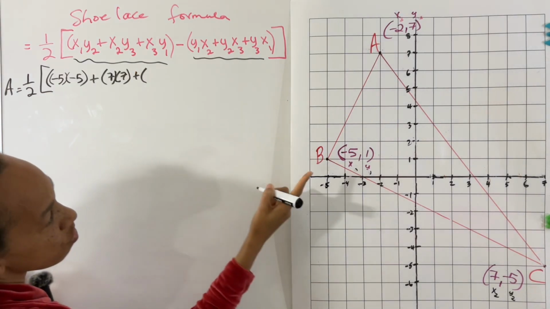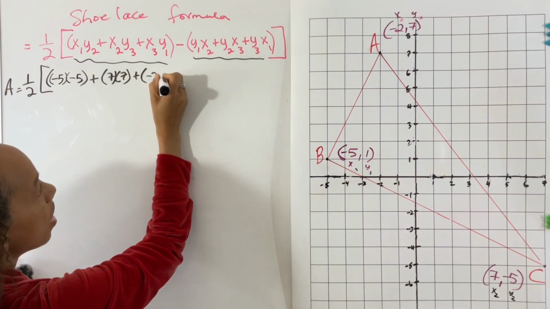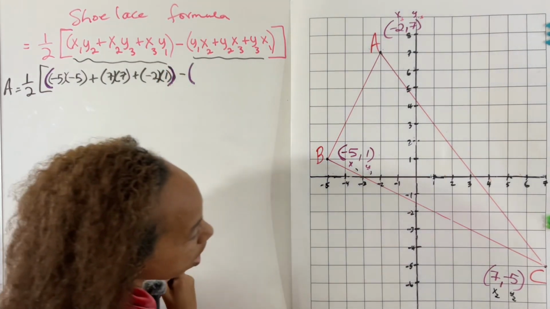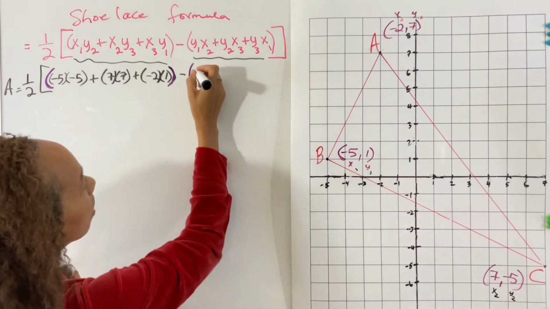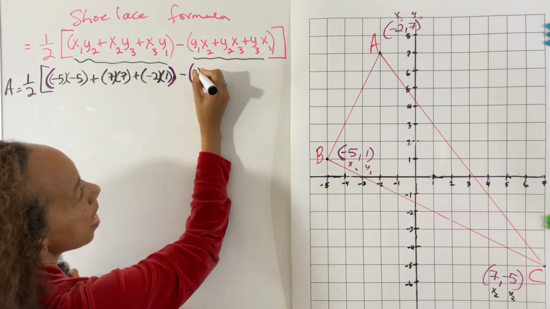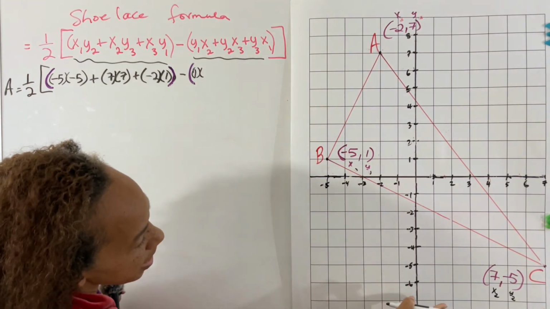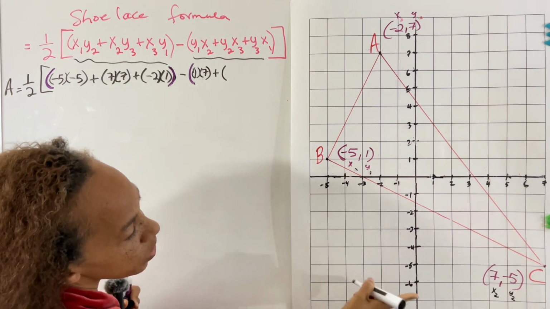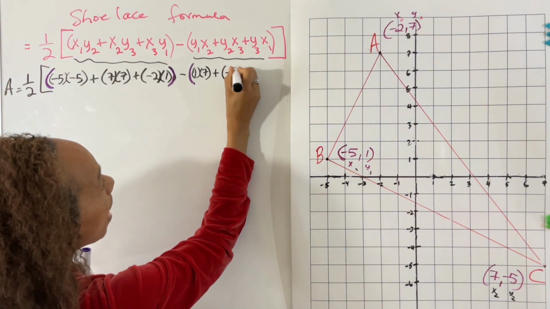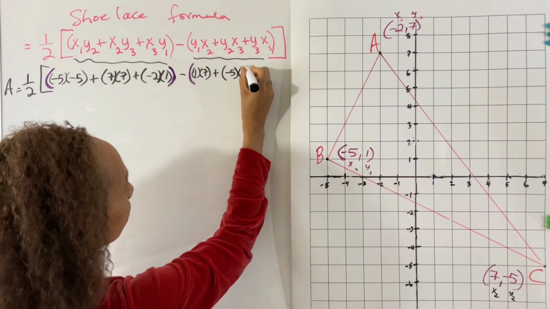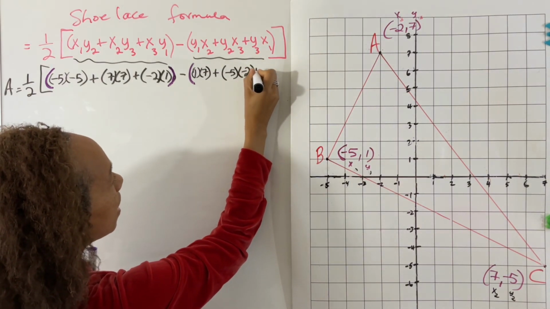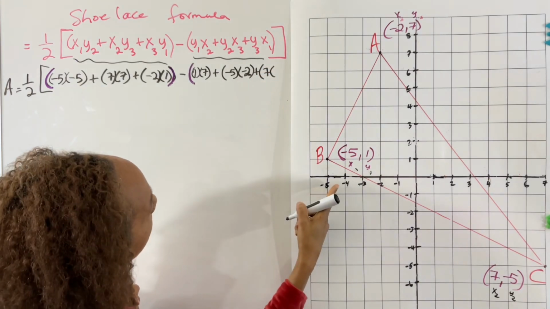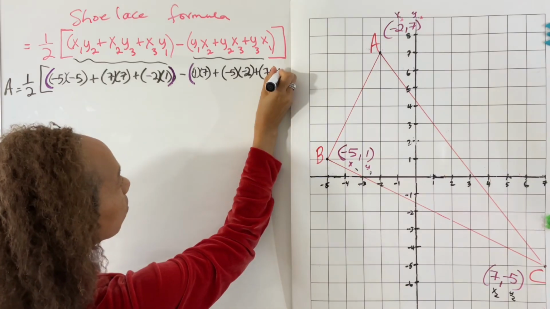Plus x3, which is -2, multiplied onto y1, which is 1. y1 is 1, times x2, which is 7, plus y2, which is -5, times x3, which is -2, plus y3, which is 7, times x1, which is negative 5.